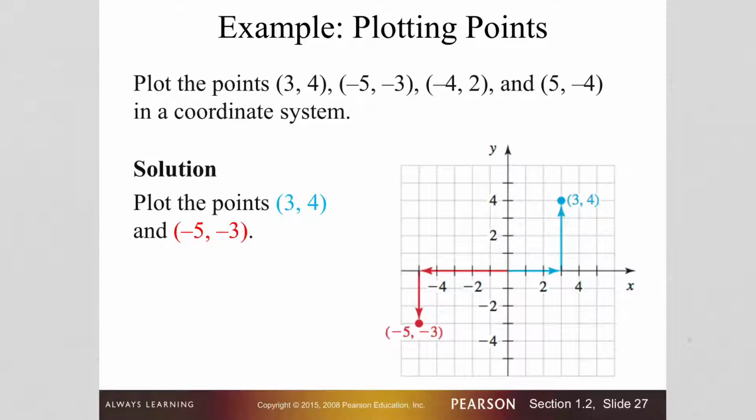So let's plot some of these points. (3, 4) says right 3, up 4, so it's right here. (-5, -3) means left 5, down 3, so it's right here. (-4, 2) means left 4, up 2, which is right here. (5, -4) is to the right 5 and down 4, which is down here.